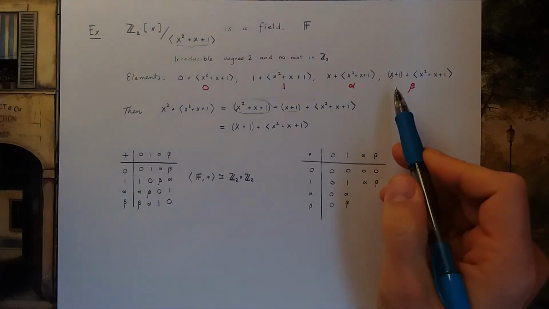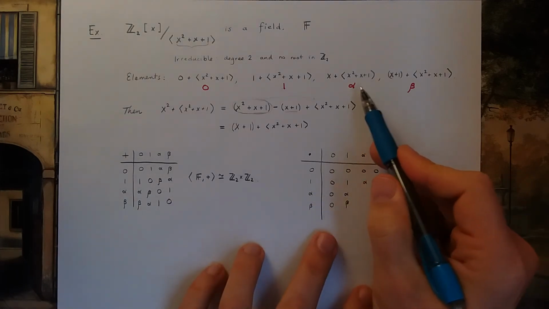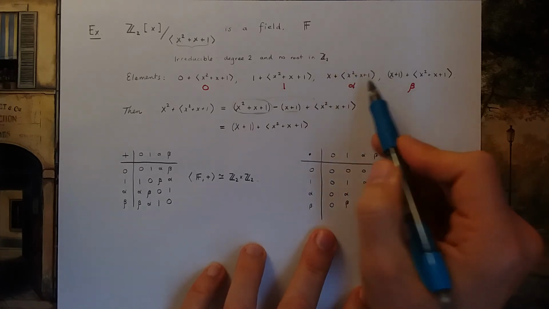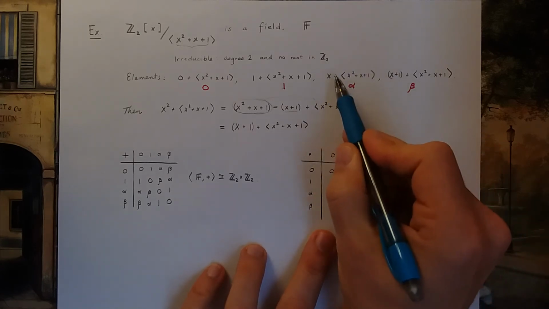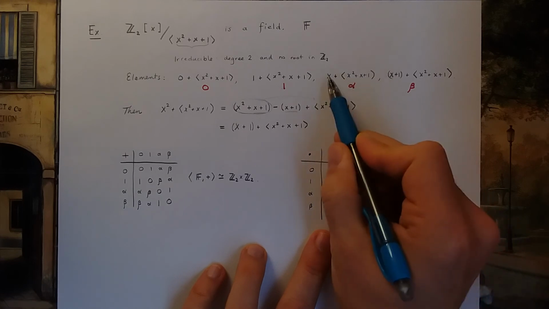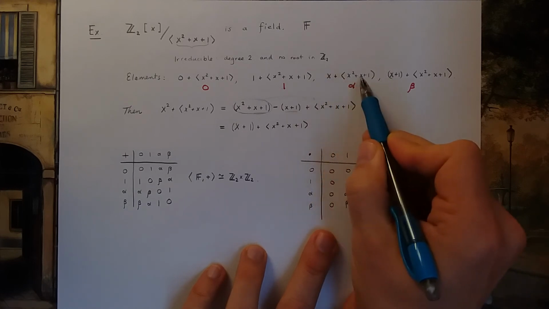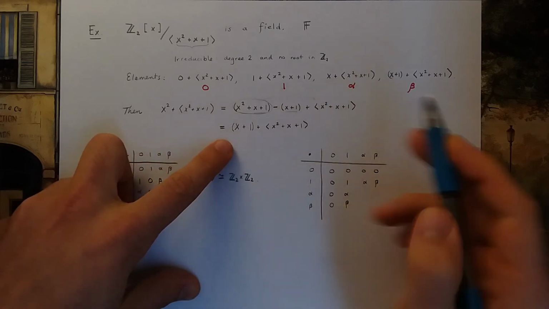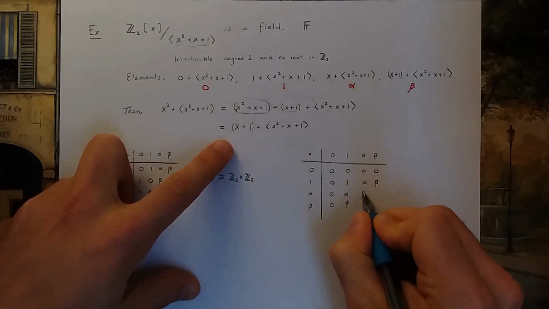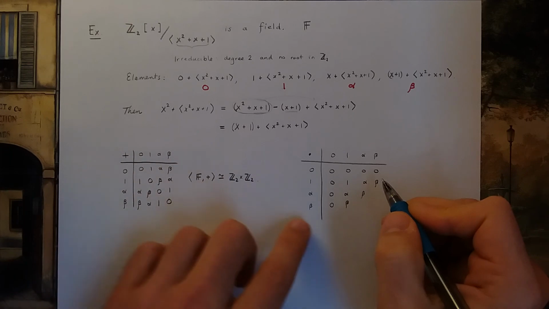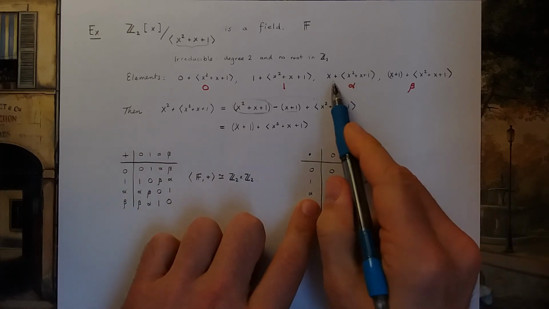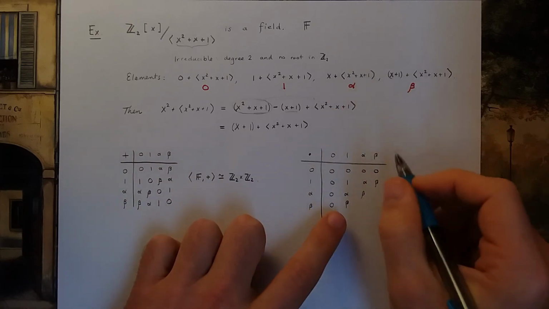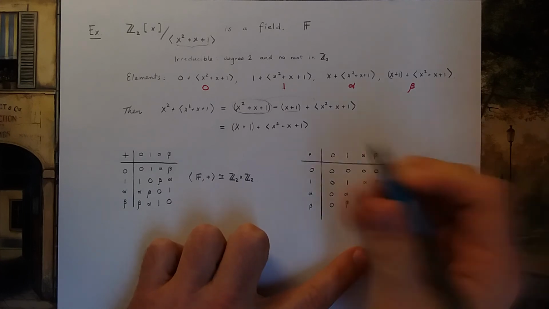Now, what happens if I multiply alpha with itself? So what is alpha squared? Well, alpha squared would be x squared plus my coset. And over here, I think I calculated that you get beta. So alpha squared is beta. And alpha times beta, I think you could prove, gives you 1.